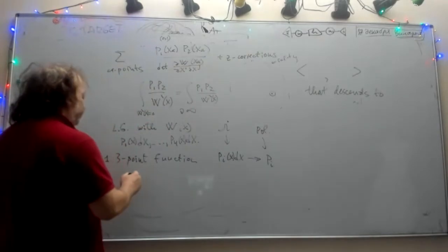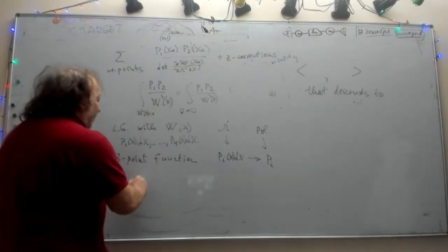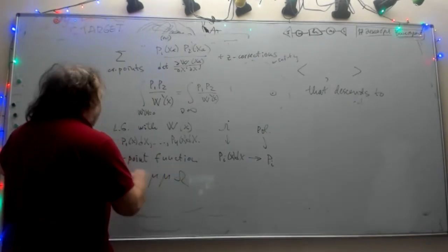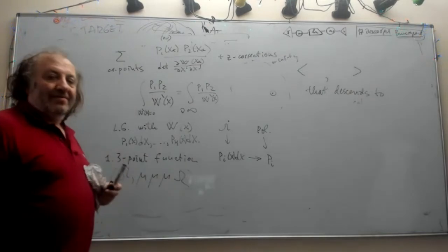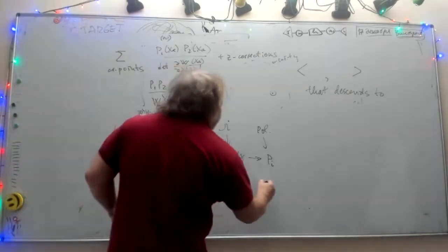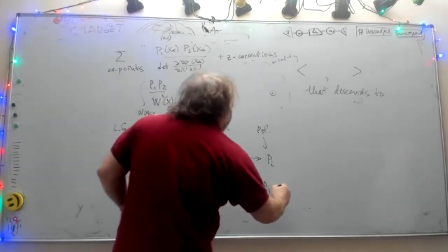Now, what is a 3-point function? You remember this formula in the Calabi-Yau case. Now this formula reads as follows: P1, P2, P3, omega.